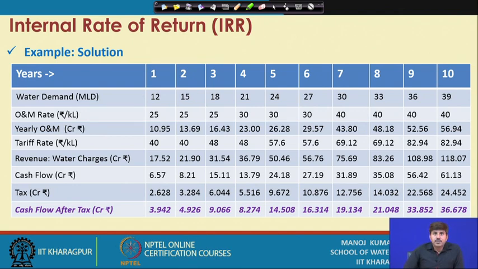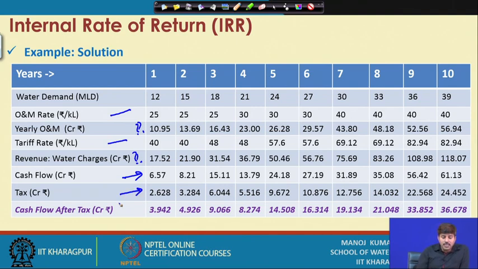The basics of this problem we have already discussed: how we can use the O&M rate and tariff rate to compute the yearly O&M expenses and revenue from water charges. Then we take the difference of these two to get the cash flow, and we can apply taxes to that.